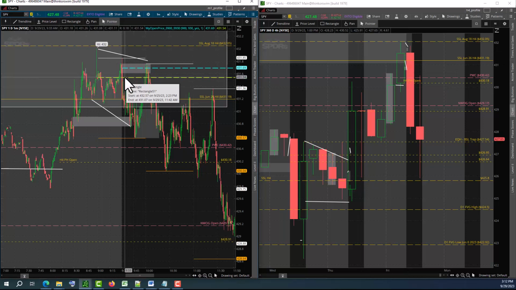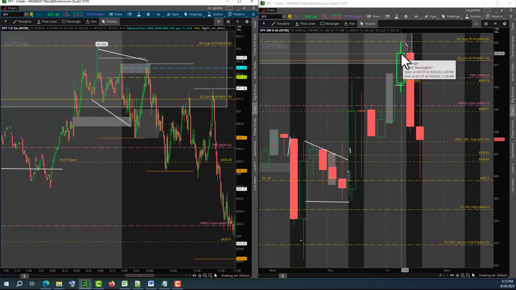So right here, it makes a high, and then this candle opens at 9. So we can short it after it closes below the close of this candle, which is right here, when we saw that open at 9 o'clock right here.